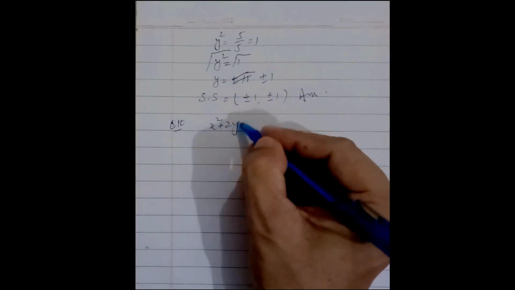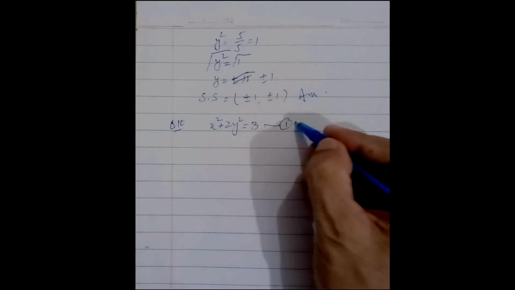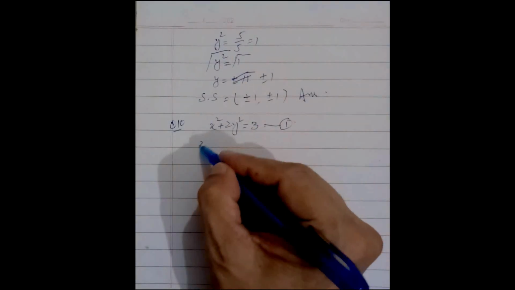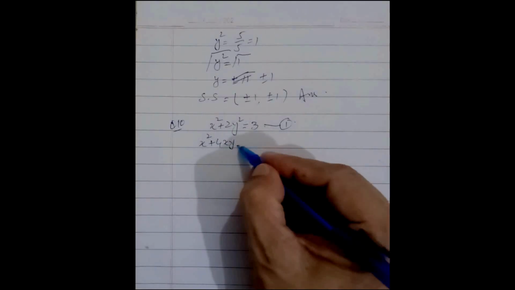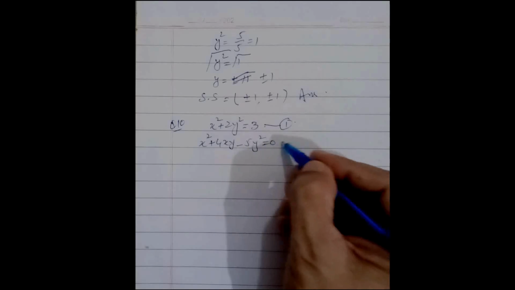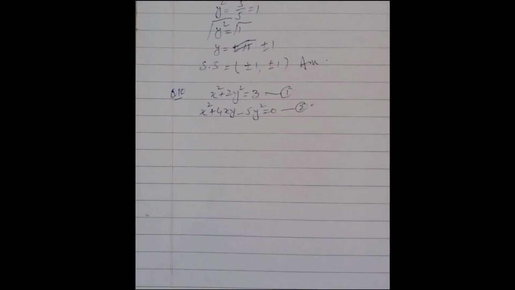x² + 2y² = 3 is question 1. And the other question is x² + 4xy − 5y² = 0, question 2. It is another method to find the values of x and y.